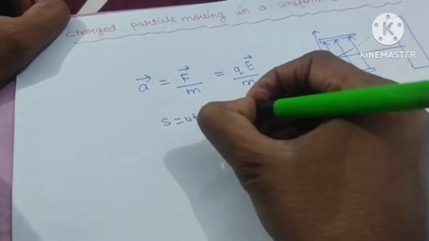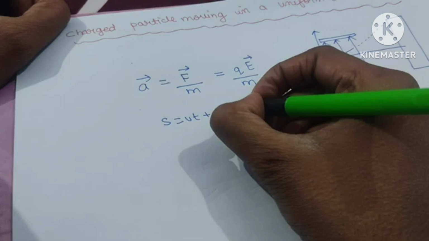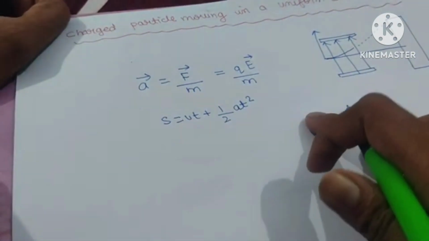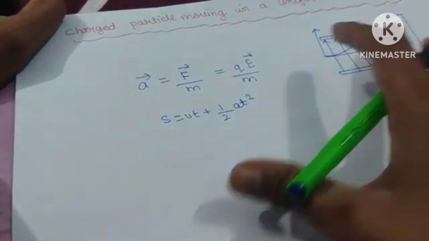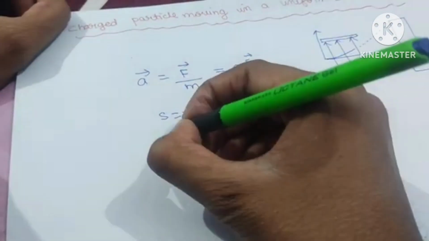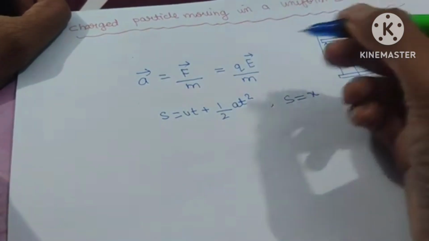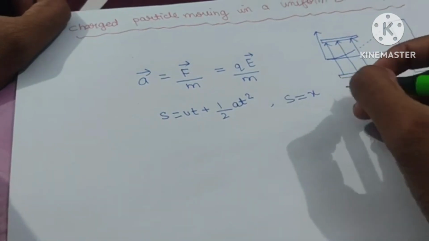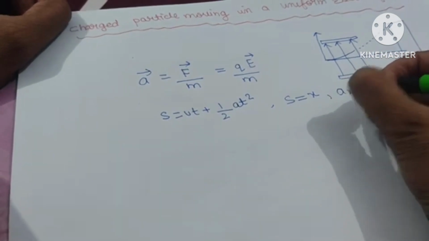It is one of the equations of motion. It will be the concept of the projectile. If we consider the distance x in the horizontal direction, the acceleration a_x will be 0.